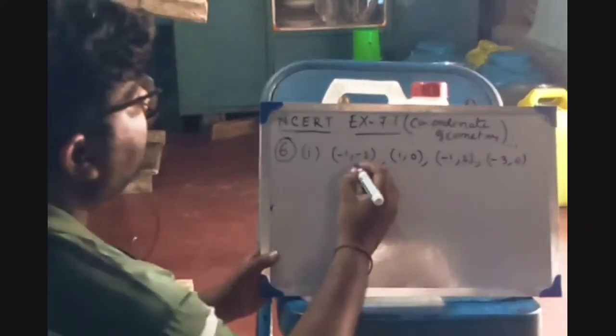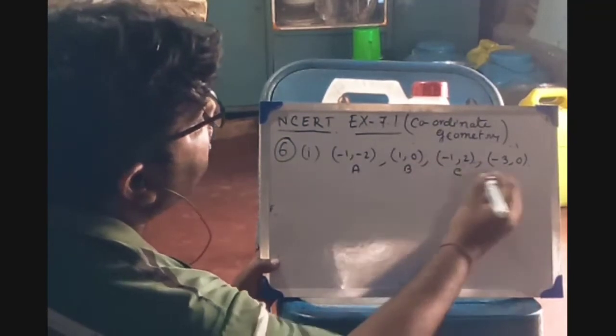So this is my A point, this is B, this is C point, this is D.